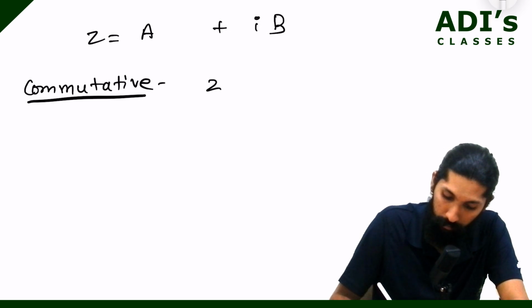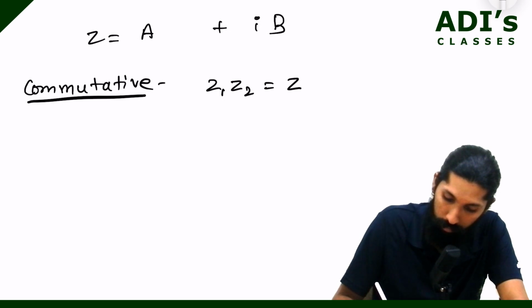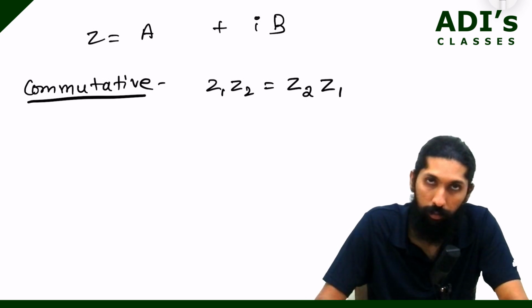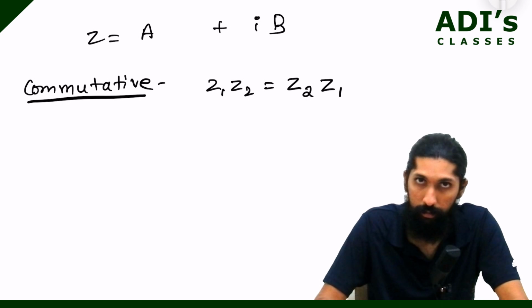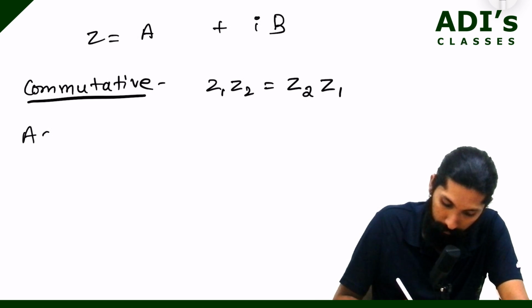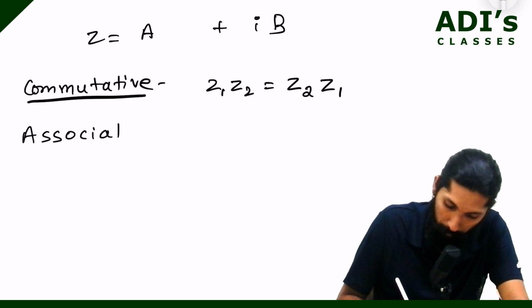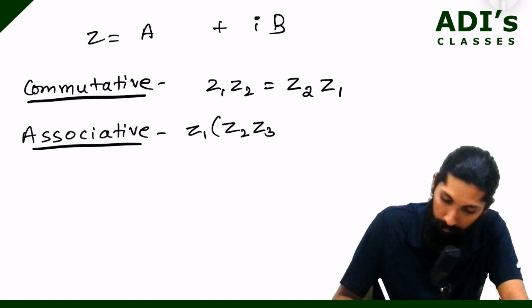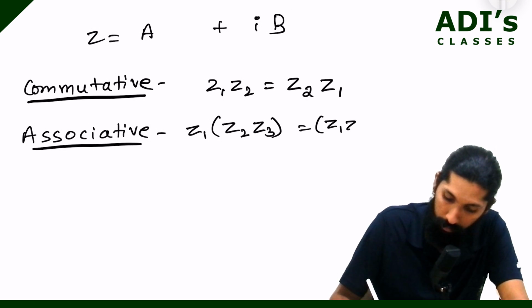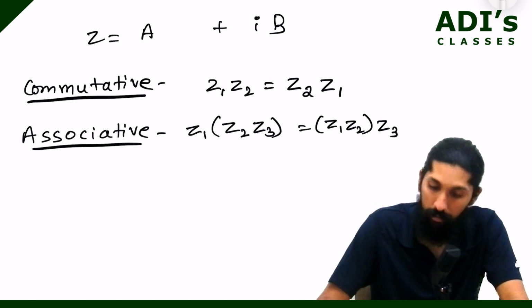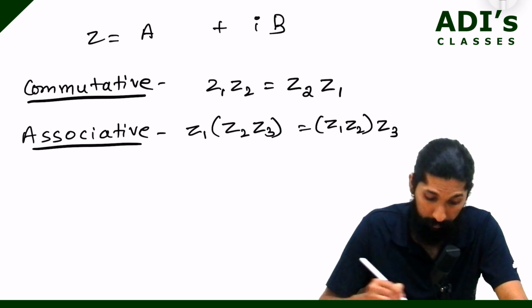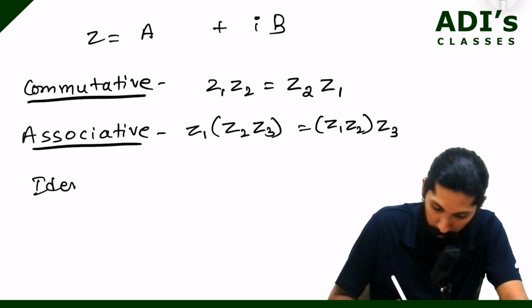That means Z1 into Z2 is equal to Z2 into Z1, which is quite obvious, so I don't have to explain it to you. The same goes for associative: Z1 into Z2 into Z3 is equal to Z1 into Z2 multiplied by Z3. Next is the identity, the fourth property.